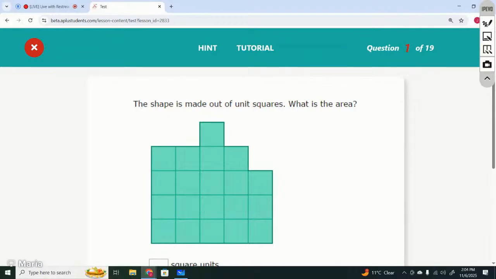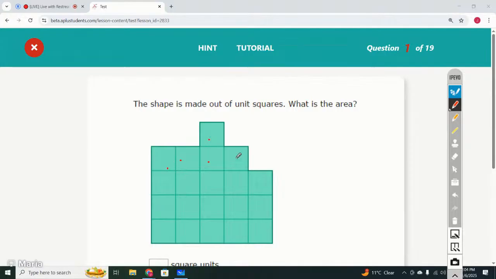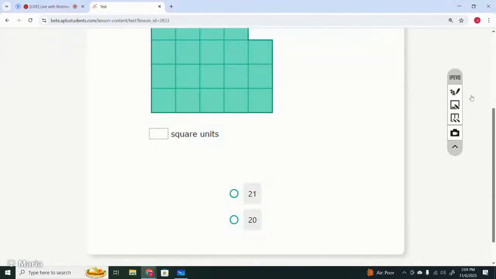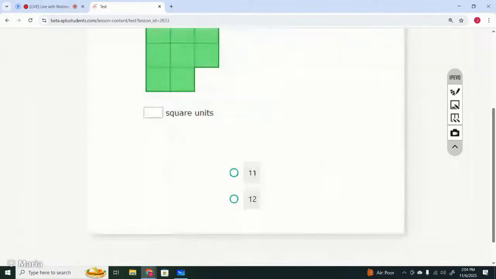What is the area? So let's just count the unit squares, right? 1, 2, 3, 4, 5, 6, 7, 8, 9, 10, 11, 12, 13, 14, 15, 16, 17, 18, 19, 20. So the area is 20. You just have to count the squares, so the area is 20. Got it? Option number 2 is the correct option.